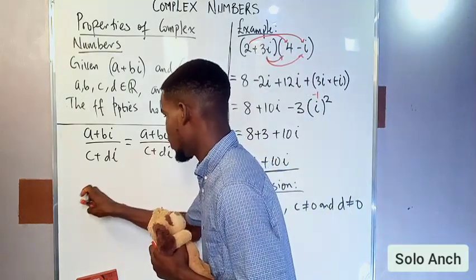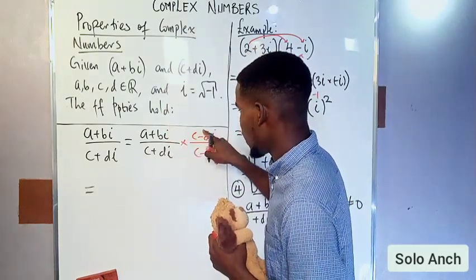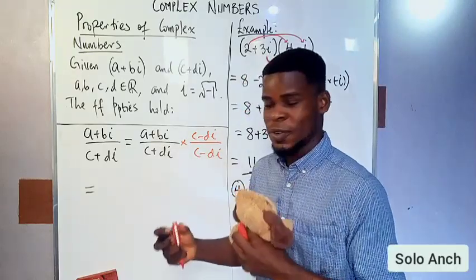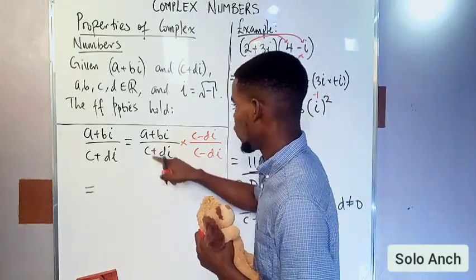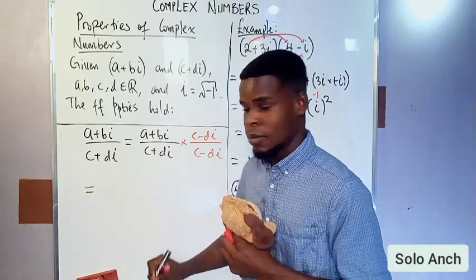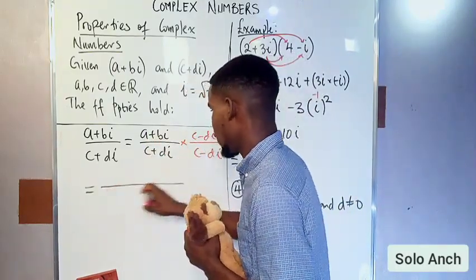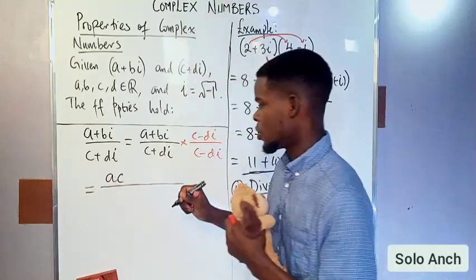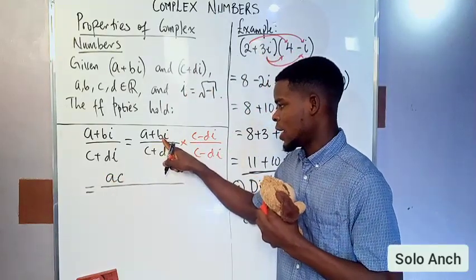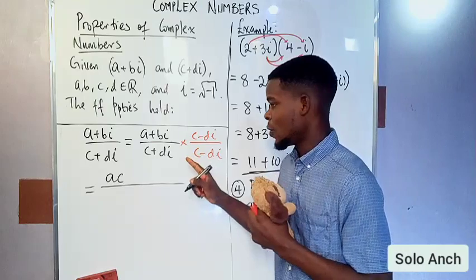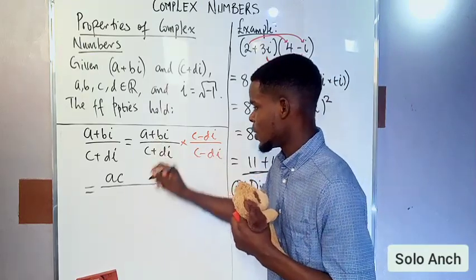Good. So we have this times that, which we've done already, the multiplication of two complex numbers. When you multiply these terms together, a times c, we're going to have ac there. We can just do this in our head. Then bi times negative di. Of course, this is negative, this is positive, so the result will be negative.